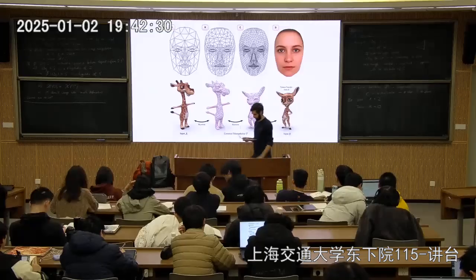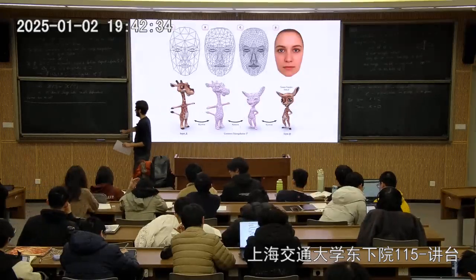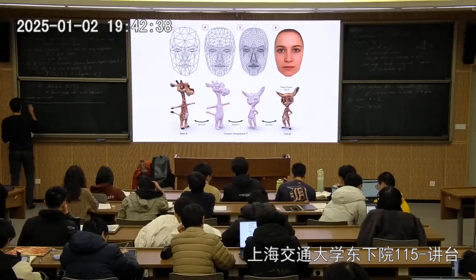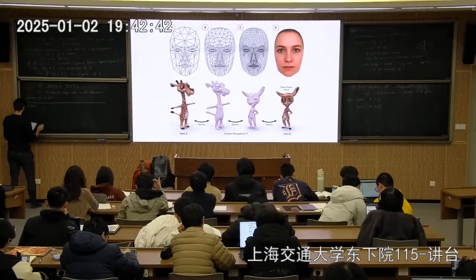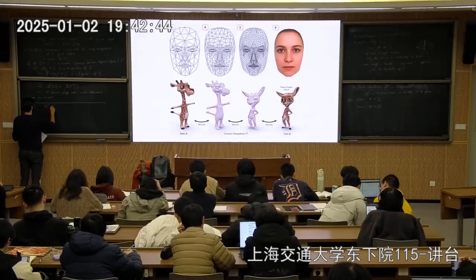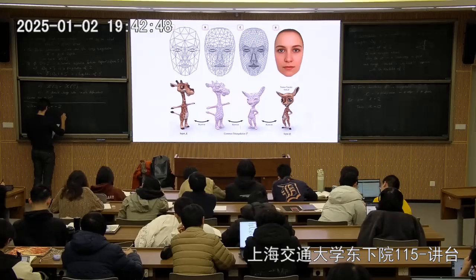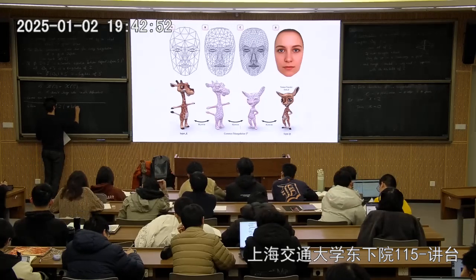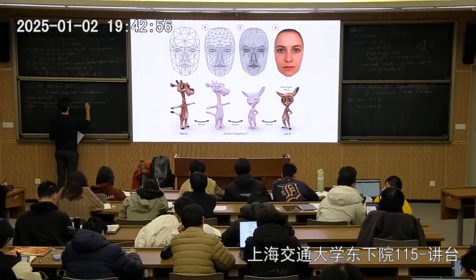What does this have to do with the number of holes that you have in an object? And the claim here is the following, that the Euler characteristic is 2 times (1 minus the number of holes).